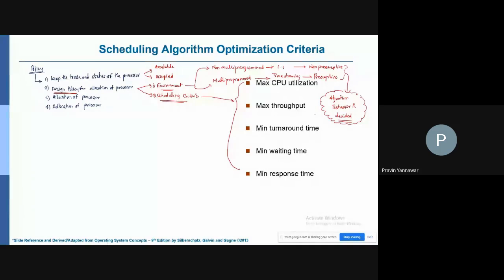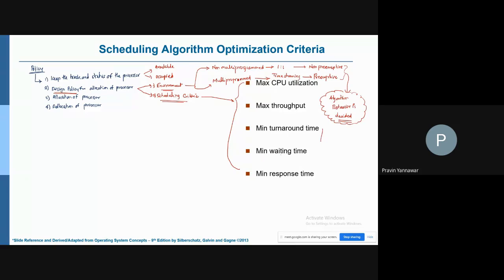So whenever we are deciding an algorithm, the optimization criteria are: we need maximum CPU utilization, maximum output, minimum turnaround time, minimum waiting time, and minimum response time.